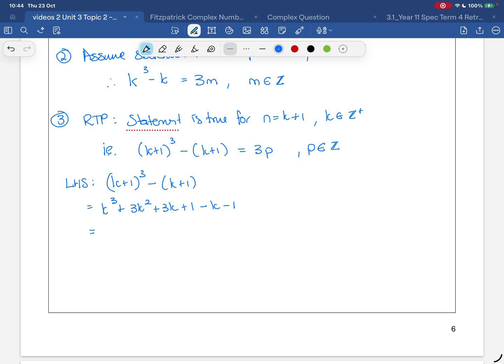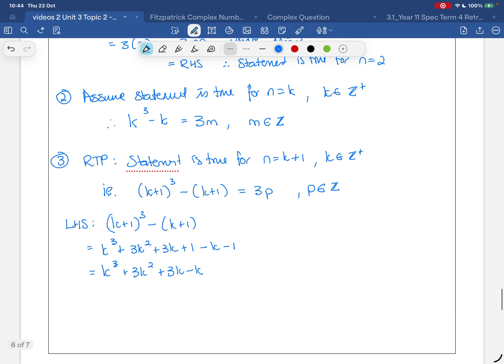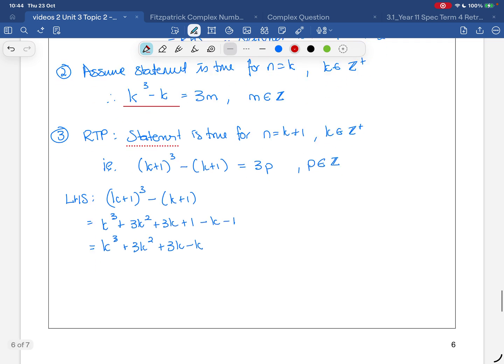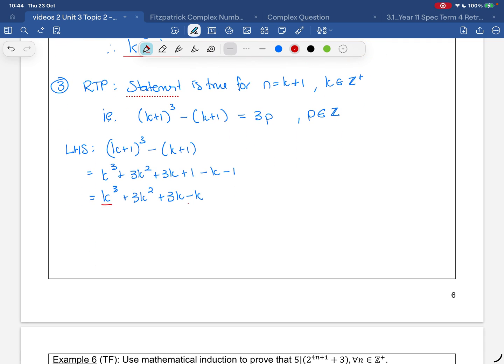I can simplify that a little bit so that I get k cubed plus 3k squared plus 3k minus k. Now it feels like I have hit a little bit of a block. However, if I go back to my statement for n equals k, you can see that k cubed minus k is actually equal to 3m. Here I've got a k cubed and a minus k.